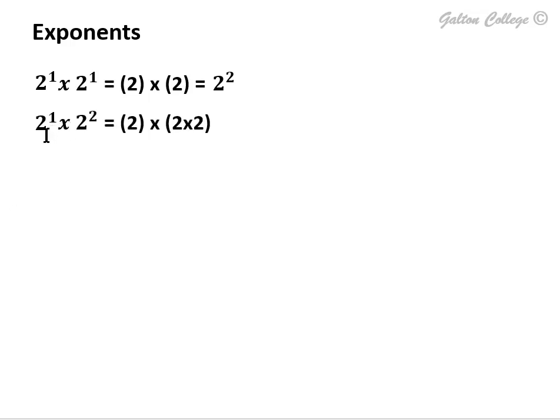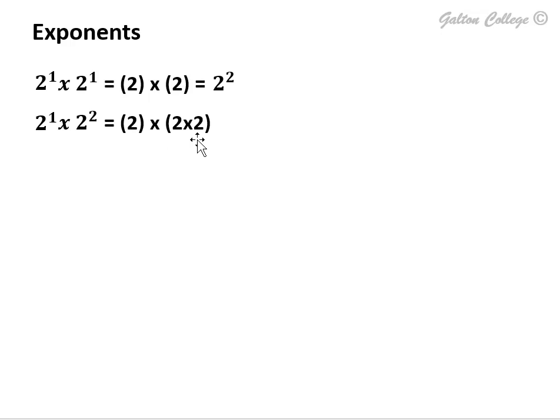If we have 2 to the power of 1 times 2 squared, we have 2. That's 2 to the power of 1, just there. So that 2 on its own is the same as this 2 to the power of 1. Times 2 squared, that means 2 times 2. If you multiply that, you can see it's actually 2 times 2 times 2.